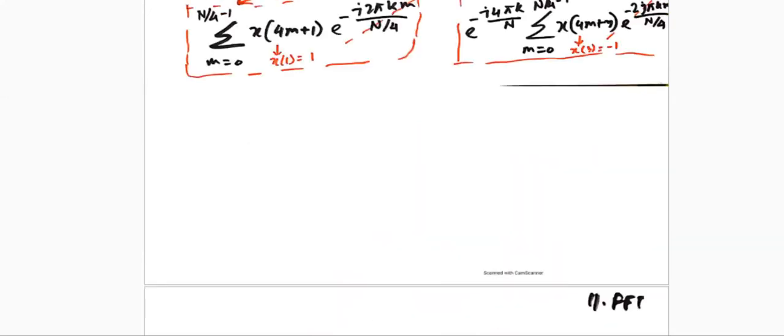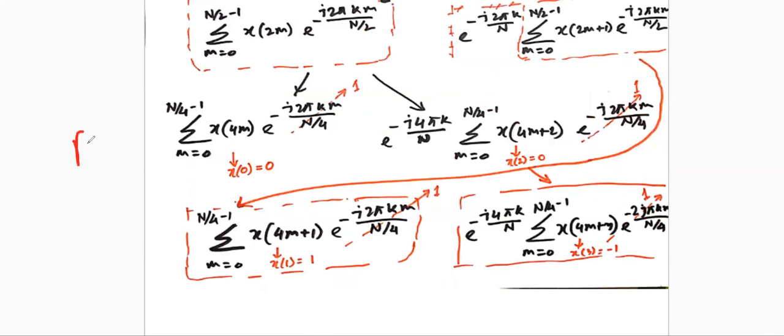Because for f0, whenever we are putting fk, we put k equal to 0. That means we are looking for f0. What happens? This k is 0, so e to the power 0 is 1. Then we have only x0 there.